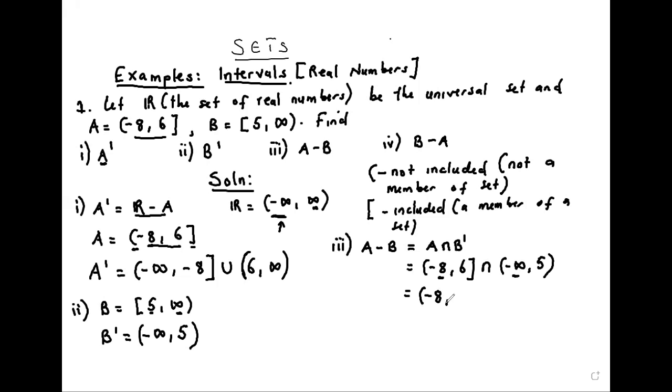And then between 6 and 5, which one is smaller? 5 is smaller than 6, so we pick 5 the way it appears there.